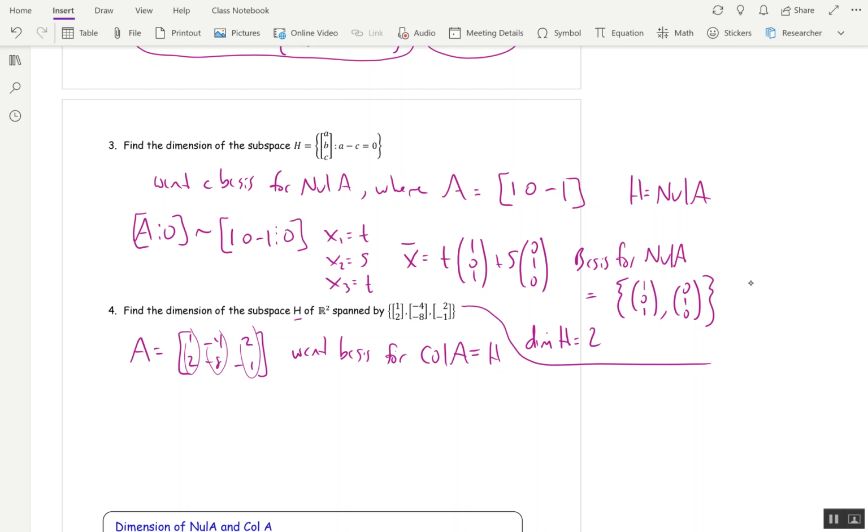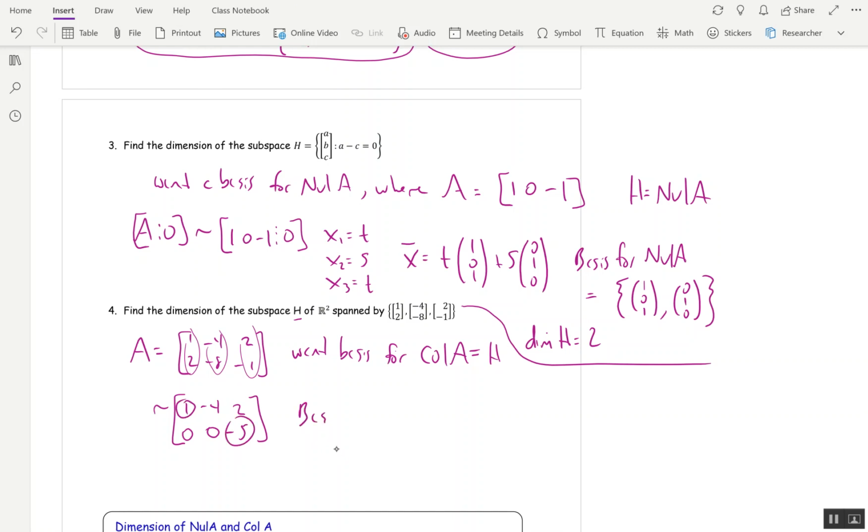All right, so this shouldn't take long. One reduction will give us 1, -4, 2, 0, let's see, multiply by -2 and add. 0, 0, -5. Pivot, pivot.